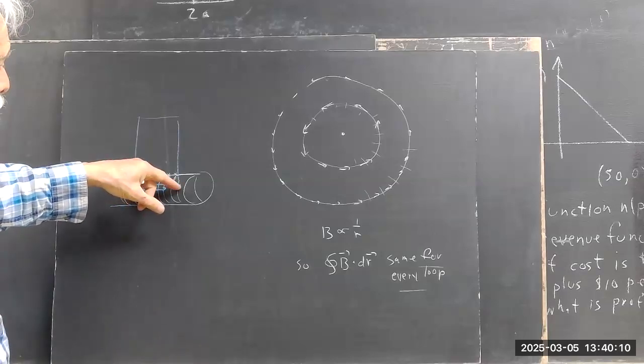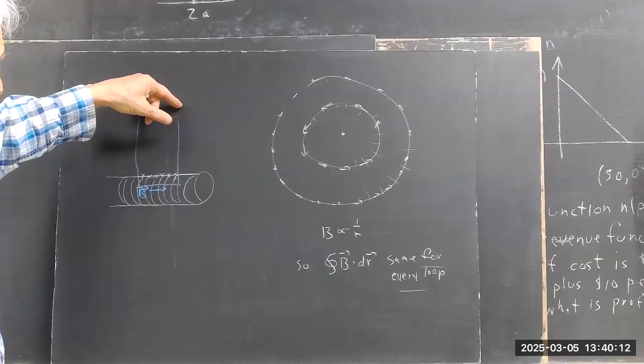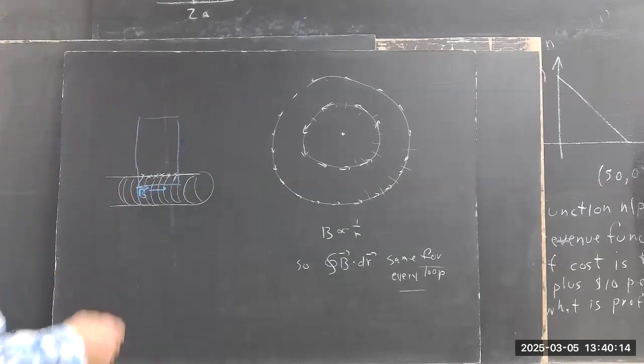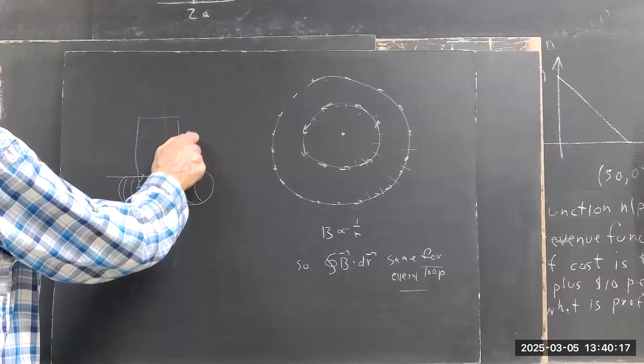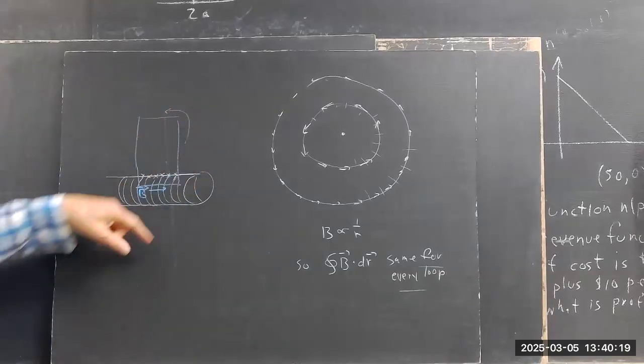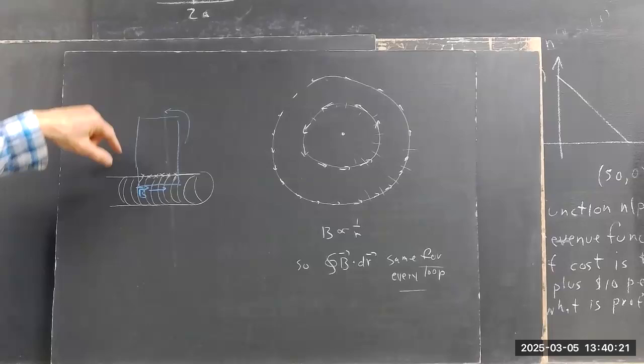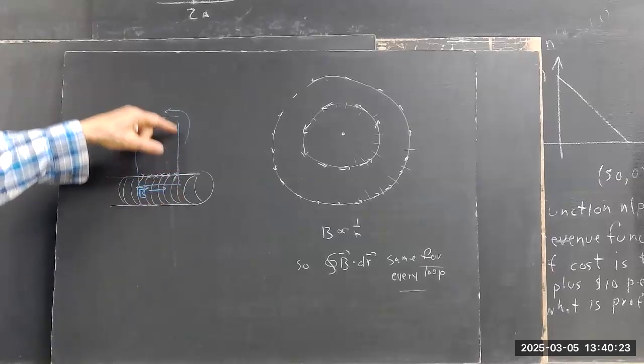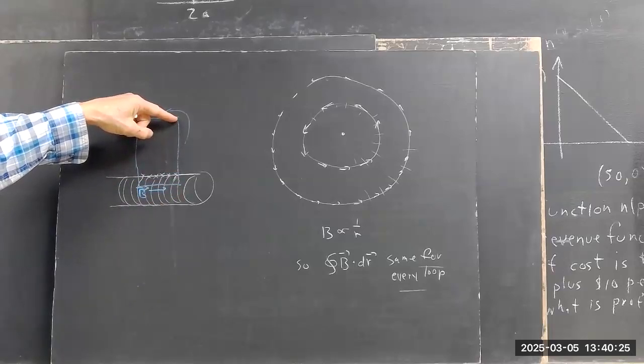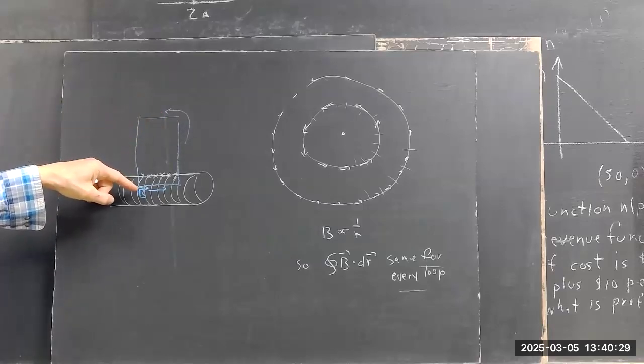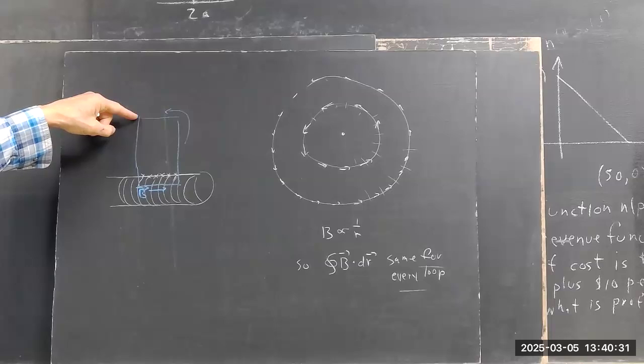Magnetic field on this path, if we think of a path around this loop like so, magnetic field as we go from here to here is pretty much equal to the magnetic field we'd have if we went from here to here.